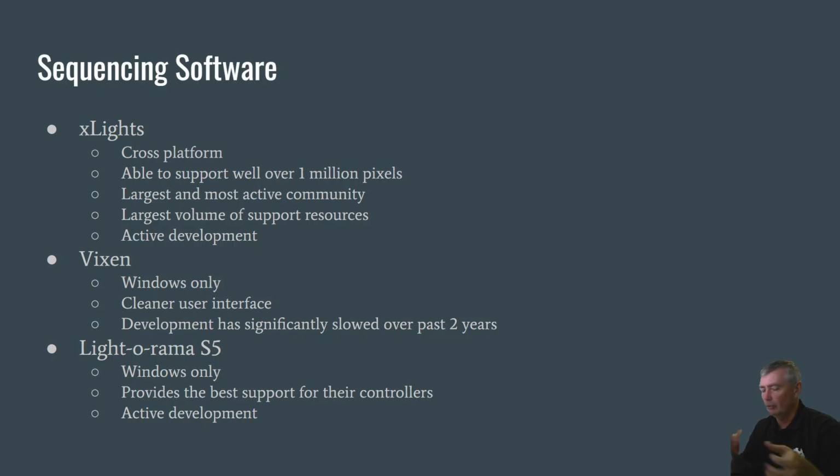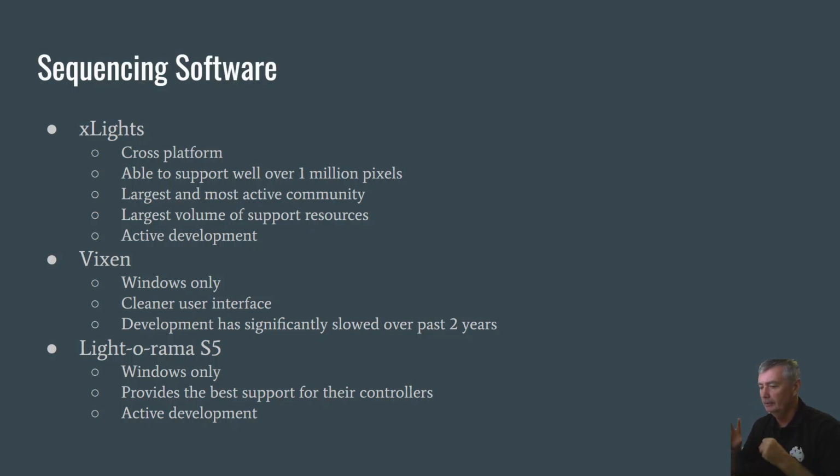It is also under active development. It's probably not quite as active as xLights. It is actually based on xLights, or at least it did take a copy of xLights version 3 a number of years ago, which was folded into the Light-O-Rama software.